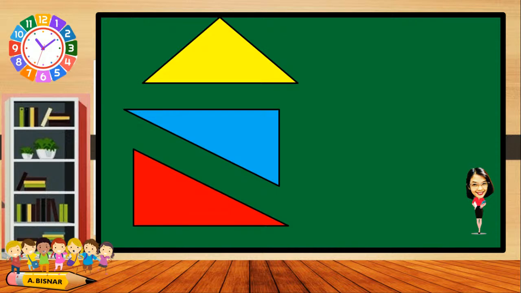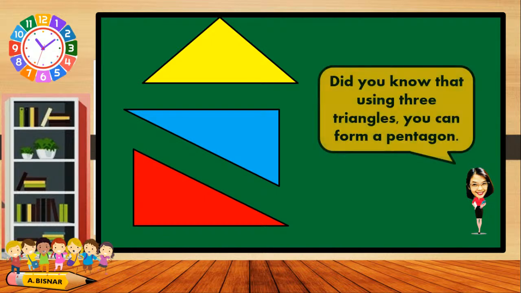Okay. So let's have this as our illustration. As you observe, we have, again, triangles. And how many triangles we have? We have 3 triangles. Well, did you know that using 3 triangles, you can form a pentagon? So, class, pag nalilito kayo what a pentagon is or how does it look, i-associate nyo yung pentagon sa bahay.